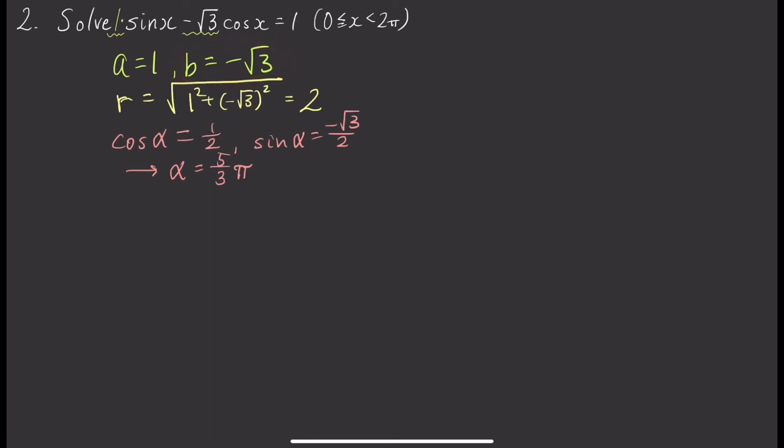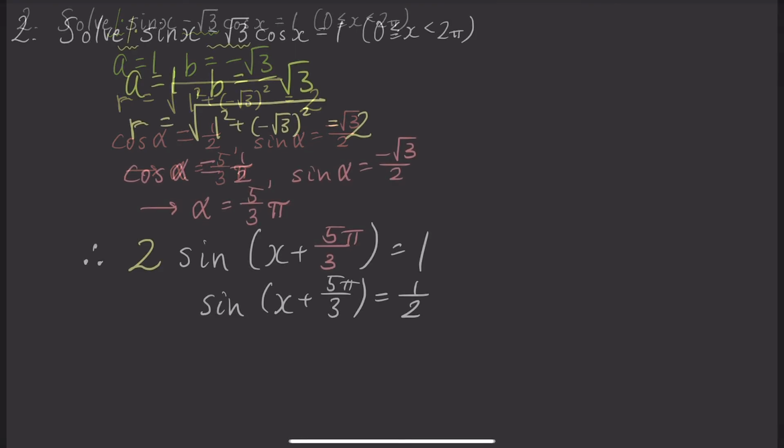And r is equal to the square root of a squared plus b squared, which equals 2. And cosine alpha equals a over r, 1 over 2. Sine alpha equals b over r, minus root 3 over 2. And so we can solve this to see that one value of alpha is 5 pi over 3.